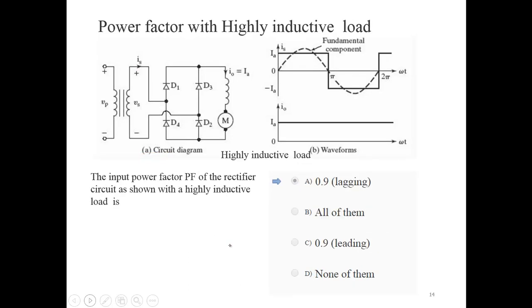The power factor will be basically, there is an example in the book. It shows that the power factor for a highly inductive load is lagging. If there is a capacitor, it will be leading, but for inductive, it's normally lagging. It will be about 0.9. You can see the power factor is pretty much constant for the highly inductive load, about 0.9.